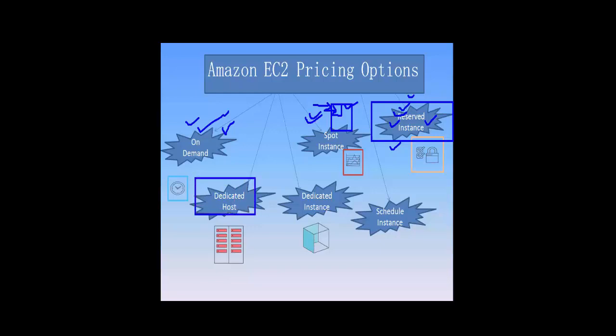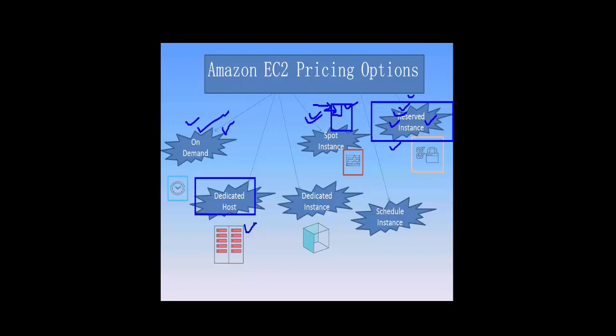Dedicated host means complete hardware. You can say EC2 instance capacity fully dedicated to your use only. A complete box will be for you, a virtual box will be for you.